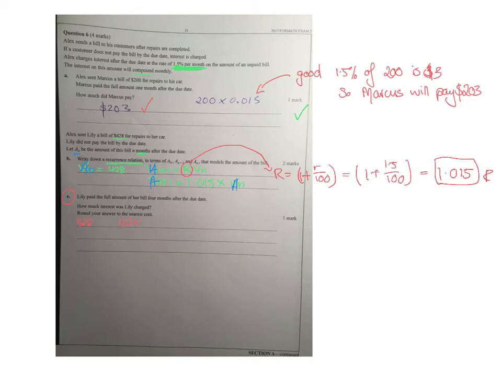Then when you press times, you'll see Ans. So we go times 1.015 and press enter, and you should get 434.42. That's the first month.